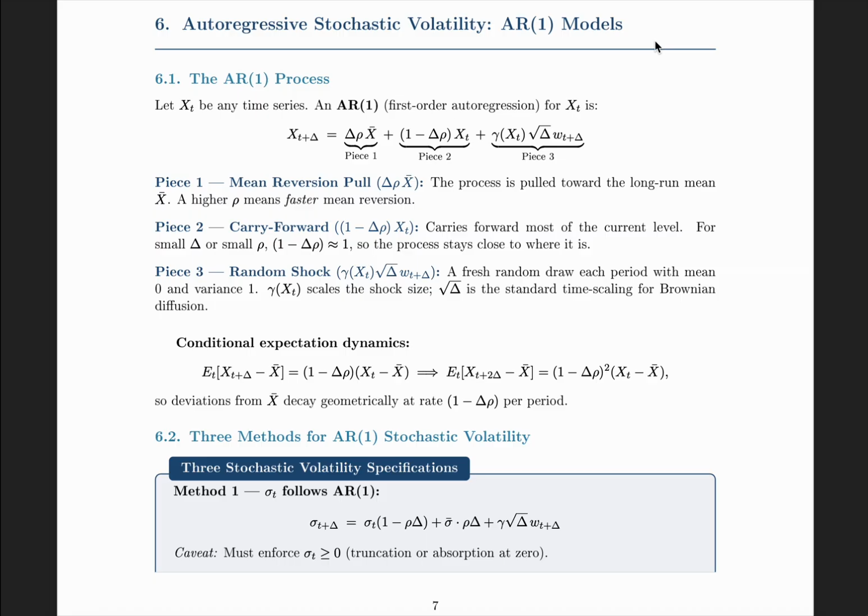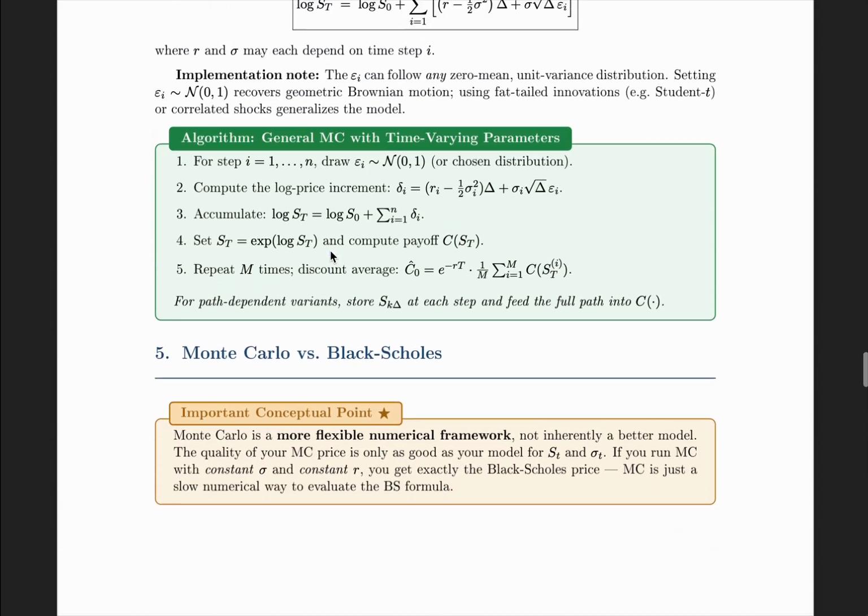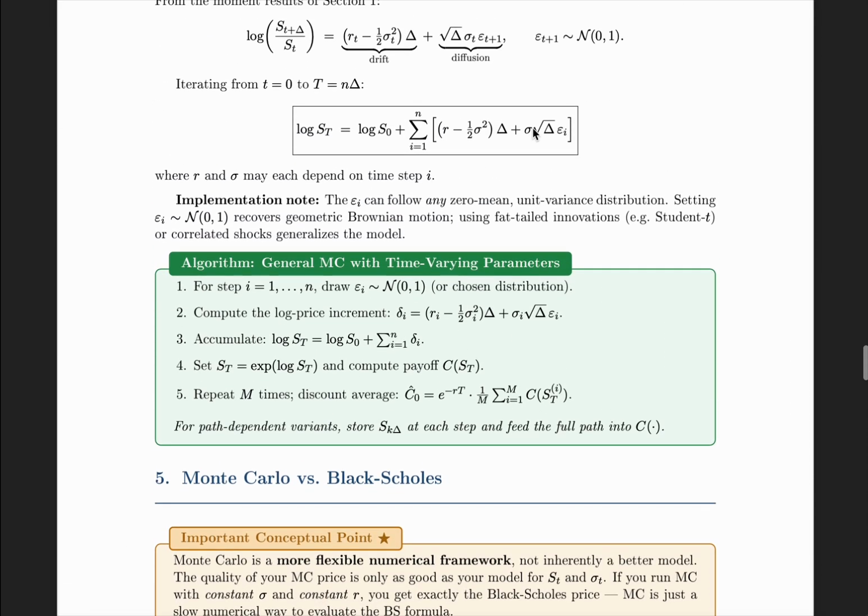And this turns out to be a very valid assumption because if you think about volatility, usually it stays at a certain level and it only varies dramatically from that level during things that are unexpected, like an earnings report or something else. So the autoregressive stochastic volatility, or the AR1 model, is simply a way for us to estimate this particular input in our Monte Carlo.